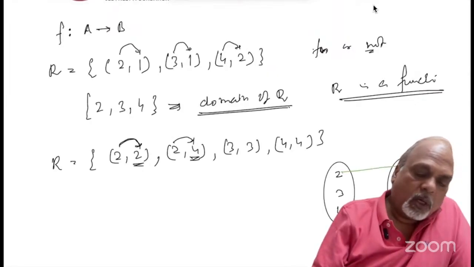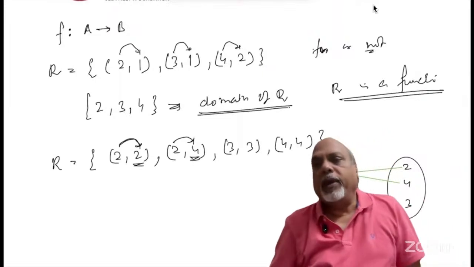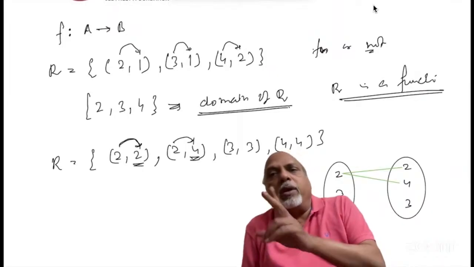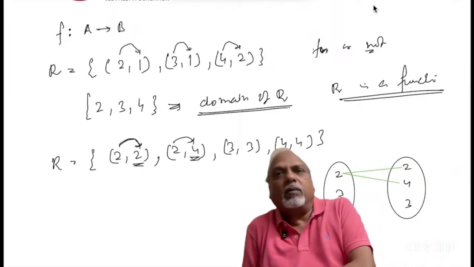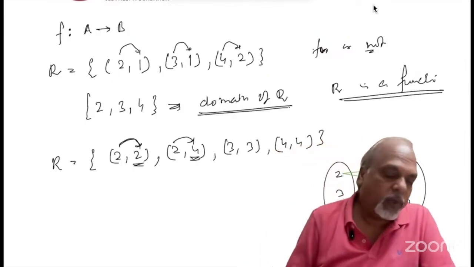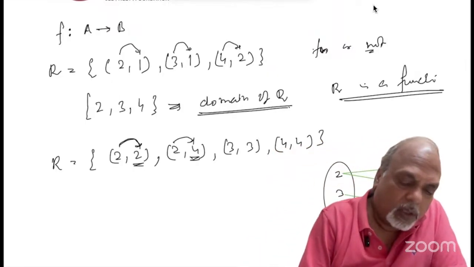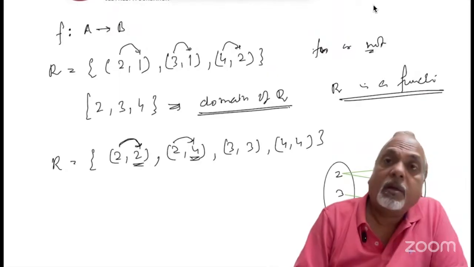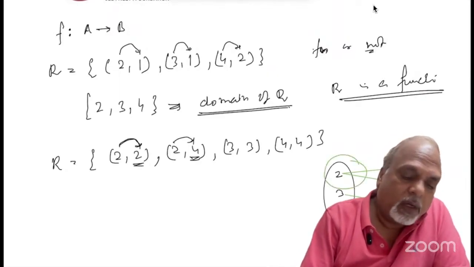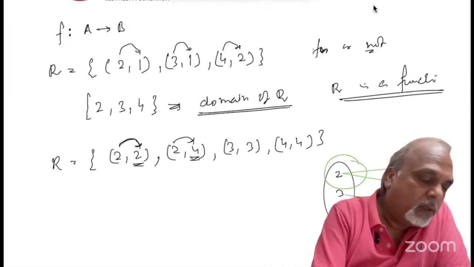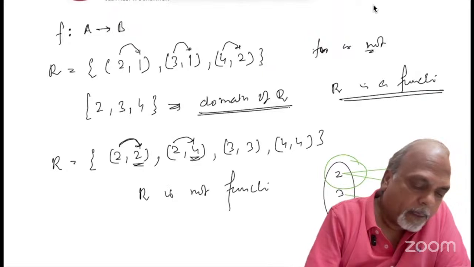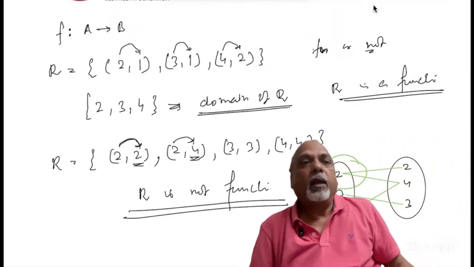Your 2 has got an image 2 and also 4. Means in the codomain, it does not have a unique image. It has got 2 different images. 3 is having a unique image and 4 is also having a unique image. But because 2 is having 2 images, that's why R is not a function.